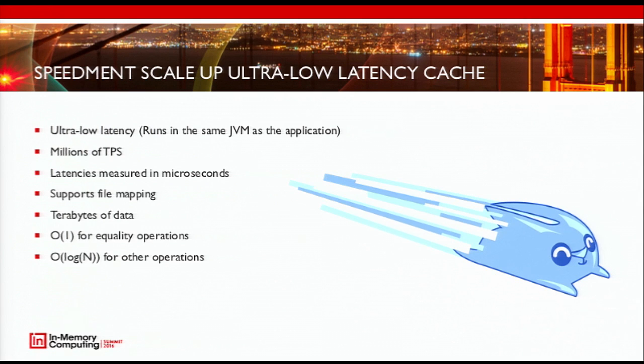This is kind of geeky notation, but it says that it doesn't matter how big the cache gets, you will find an equality operation in constant time. So if we have 1 terabyte or 100 terabytes, doesn't matter. I will find what I'm looking for in constant time. For other operations, the bigger my cache is, it will take a little bit longer, but not that long, if I translate this to English.